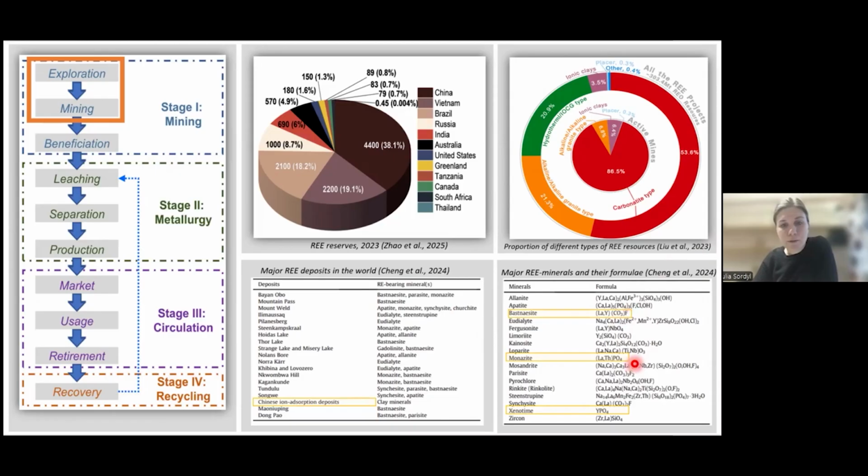Then monazite, which is a light earth element phosphate that also contains thorium, which brings some environmental concern. Then xenotime, which is a heavy earth element phosphate, and then ion adsorbed clays, which are the main source of heavy earth elements.